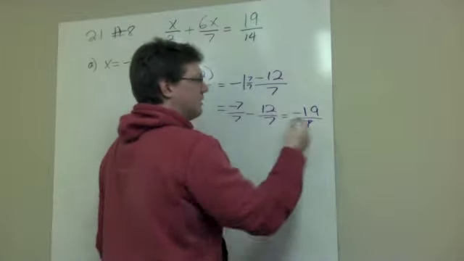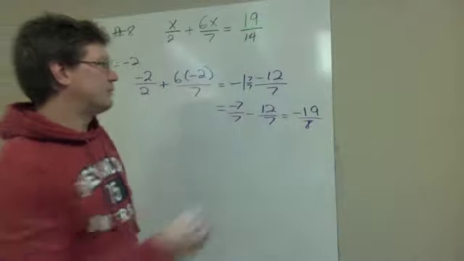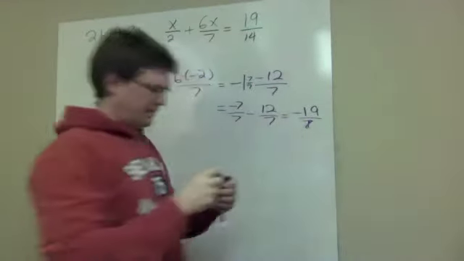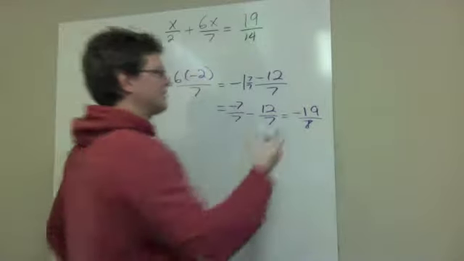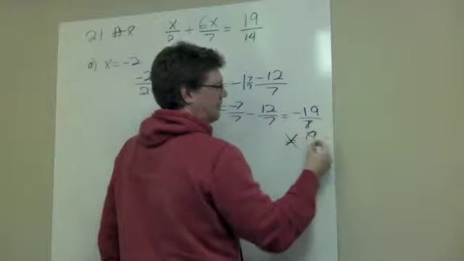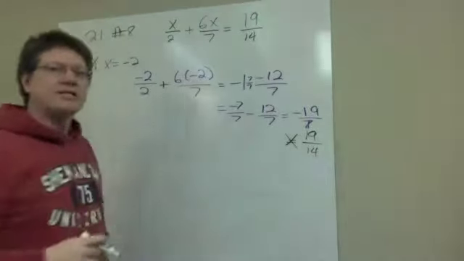Okay? Which is not equal to 19/14. First off, it's negative. We do have the 19, but we don't have the 14 on the bottom. Right? This is not equal to 19/14.